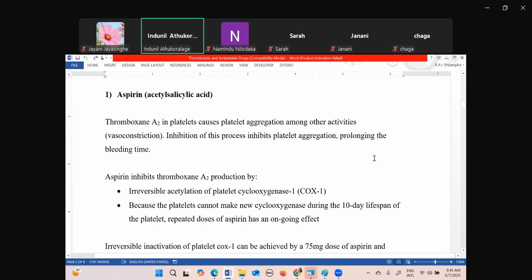Can you tell that back to me? The mechanism of action of aspirin with relation to antiplatelet action.